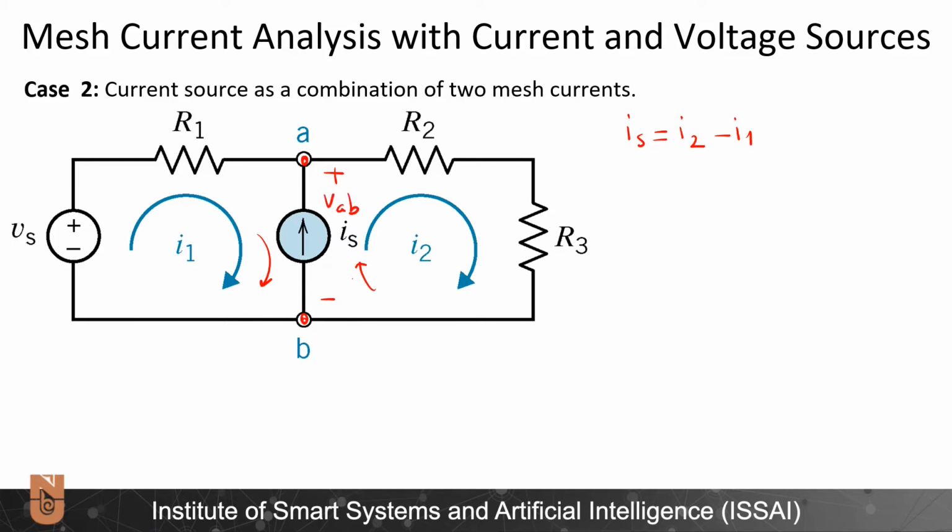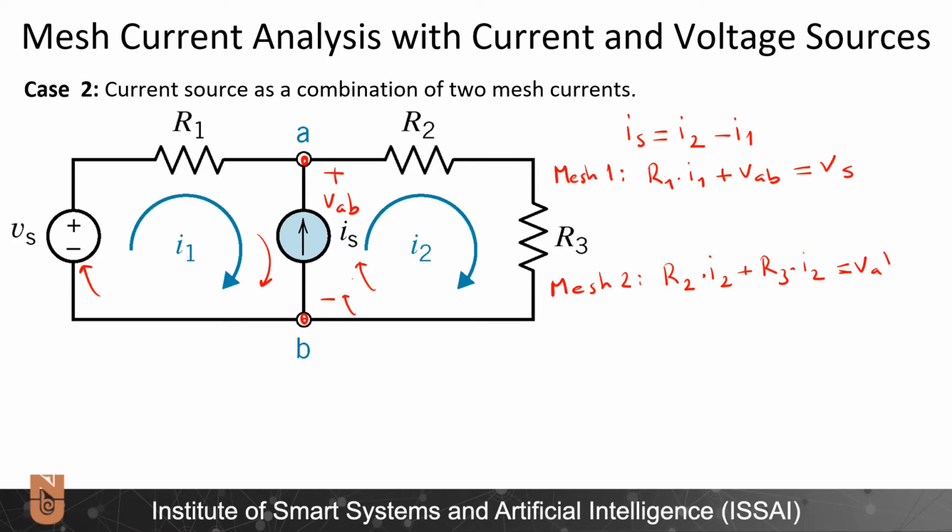And then I will write my KVL equations for two meshes. For mesh 1, I will write R1 times I1 plus VAB, since I enter from the minus side, I write this to the right side, is equal to Vs. And for the second mesh, mesh 2, I will write R2 times I2 plus R3 times I2, these are simply in series, is equal to, since I enter from the minus side of VAB, VAB.